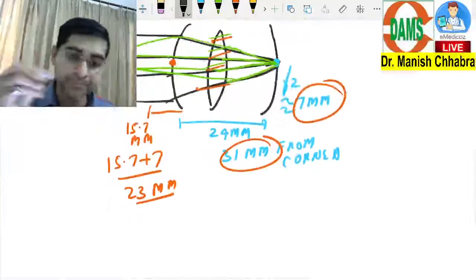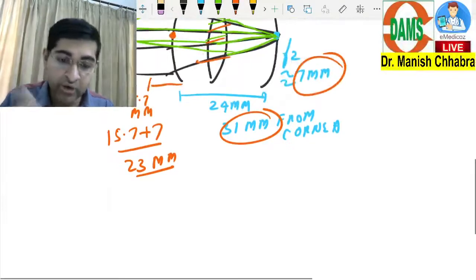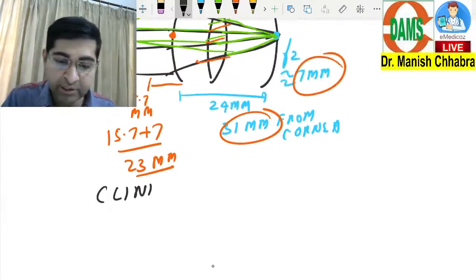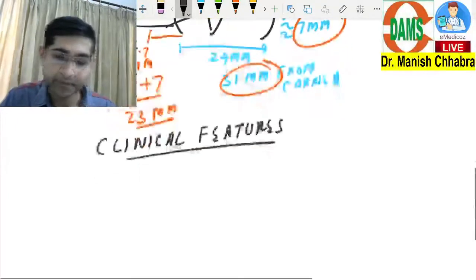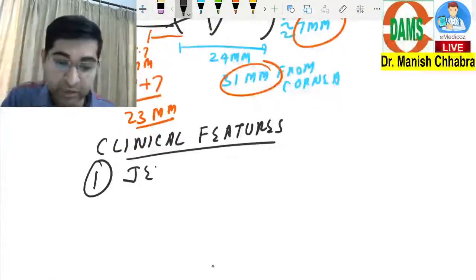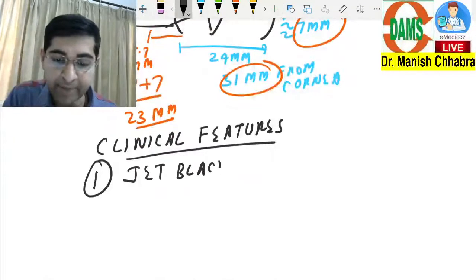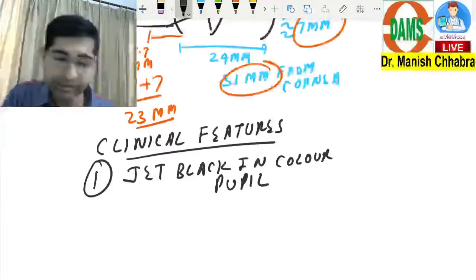Now having done this, what will be the signs and symptoms? What will be the clinical features of aphakia? Number 1, sir, there will be jet black pupil. Absolutely correct. The pupil will be jet black in color. Is it clear?